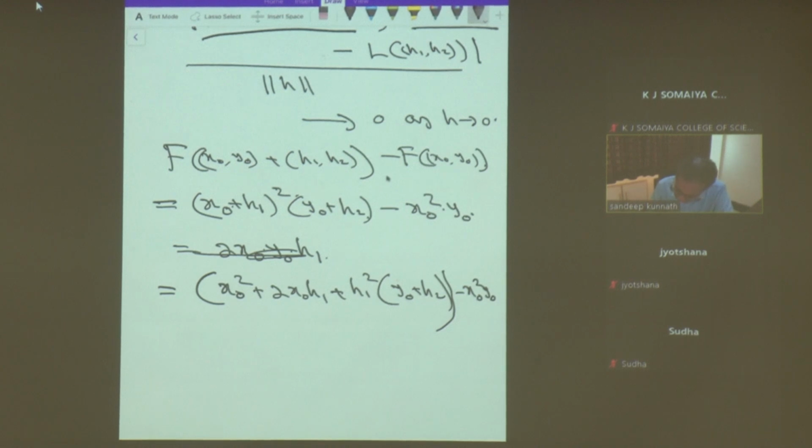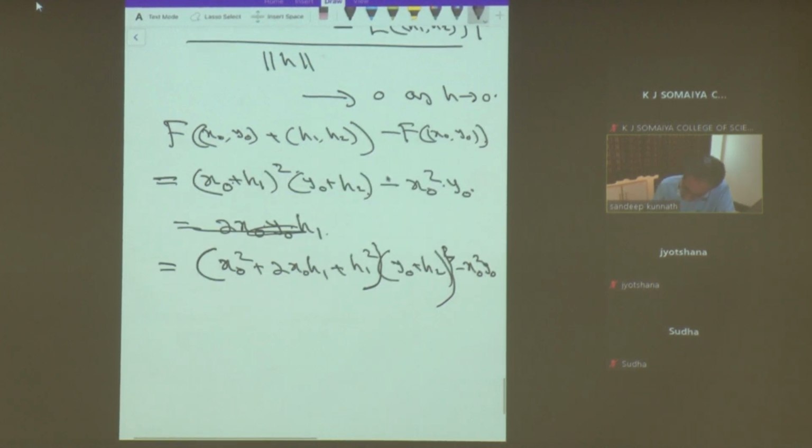So when you simplify this, x naught squared y naught and x naught squared y naught will get cancelled.